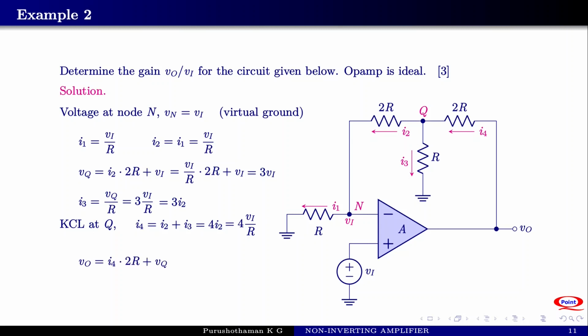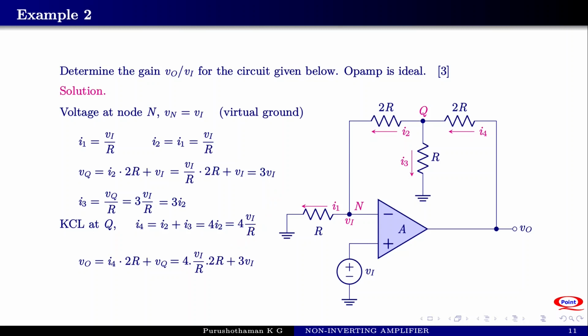Now Vo is the voltage at this point. This is the direction in which the current is flowing. The voltage at Q plus the voltage across the 2R resistance will be equal to Vo. So it is I4 into 2R plus Vq. Now substitute I4, which is 4Vi by R, into 2R, and Vq is 3Vi.